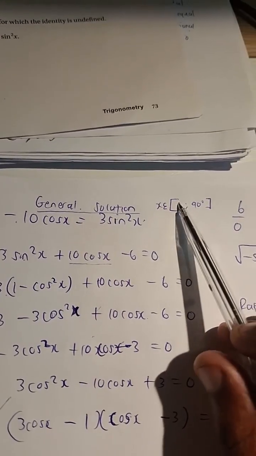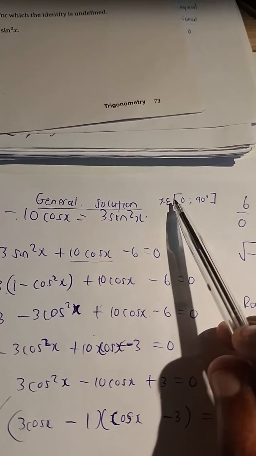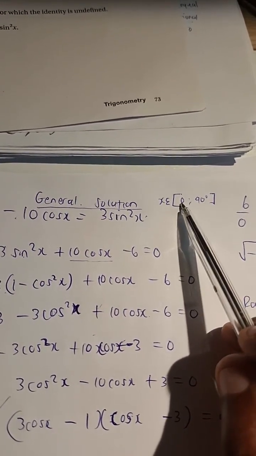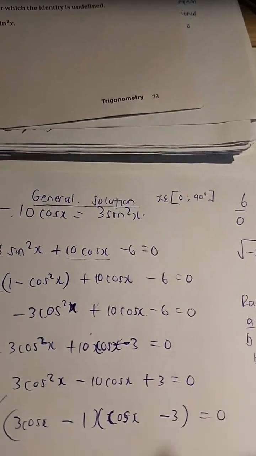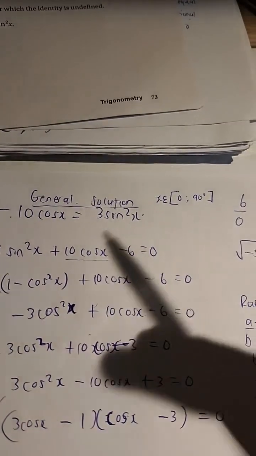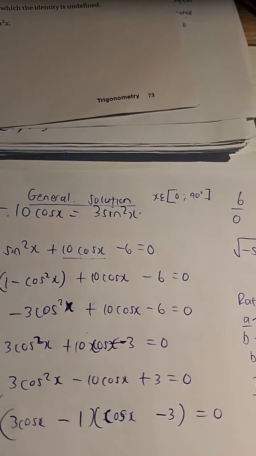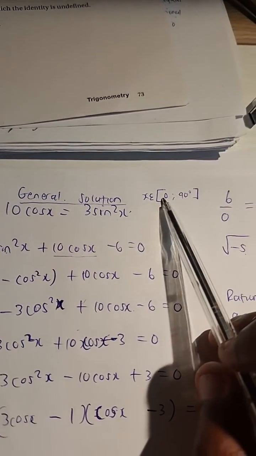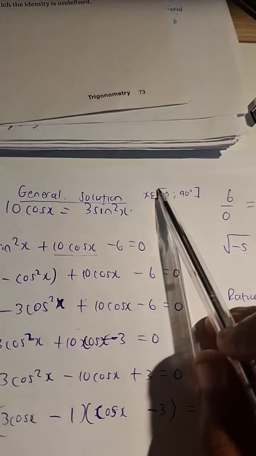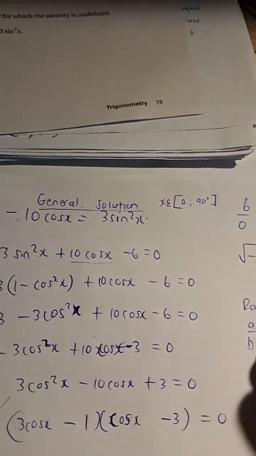You solved for an unknown and you were given the interval 0 to 90 degrees as the only working interval. So whatever you solved at the end, that specific answer was basically in the first quadrant, and that was it.